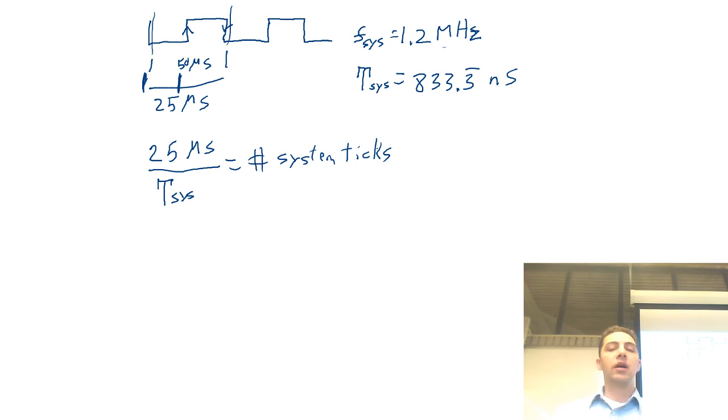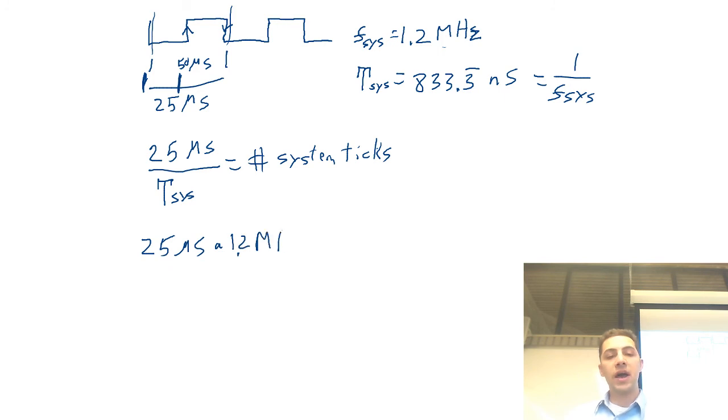Okay? And unfortunately, we can't use T-system because it's irrational and I can't type in an infinite number of 3's after the decimal point. But we do know that that's just 1 over the system clock. So what does that mean if we rearrange this a little bit? 25 microseconds times 1.2 megahertz.